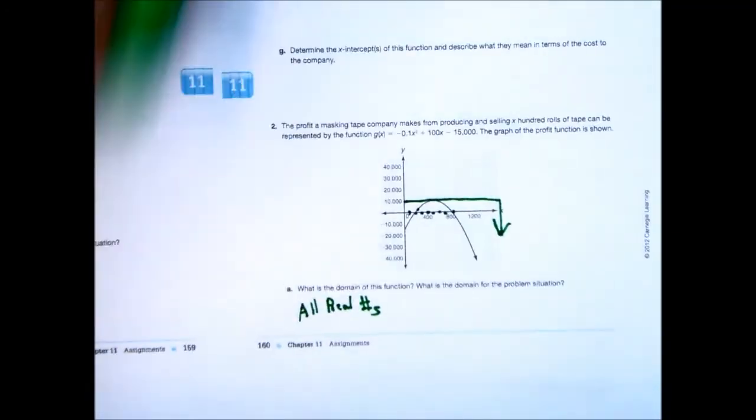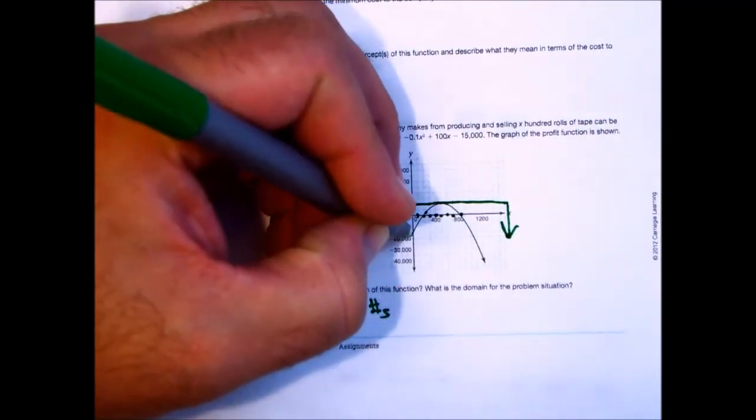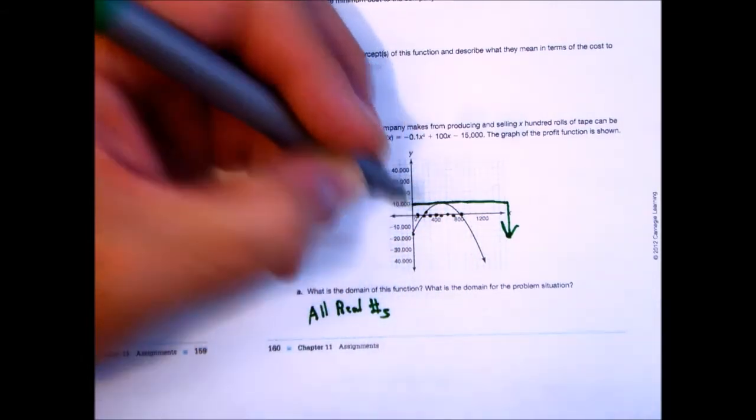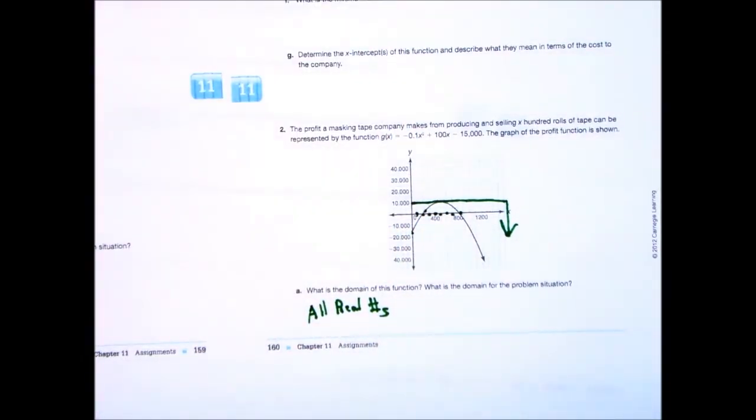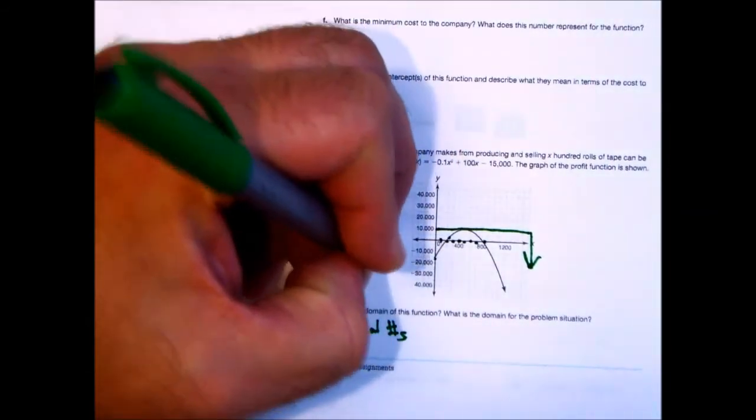The x-intercepts of the function and the y-intercepts. You know the x-intercepts are going to be 800 and 200. Okay. The y-intercept is going to be what? Right here. So you should know that that is 15,000, right? It's between 10,000 and negative 20,000, so it's negative 15,000.